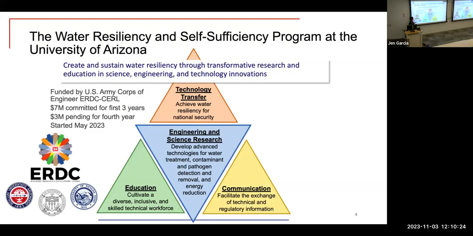And recently we've got this large grant at the University of Arizona, and it's also in collaboration with the University of Nevada and the University of Southern California, to really look at water resiliency in the arid Southwest. And the Southwest is a really good model community for looking at advanced water treatment and reuse.